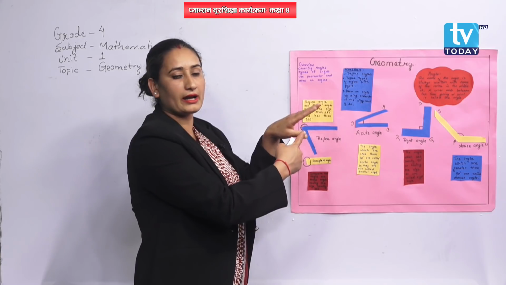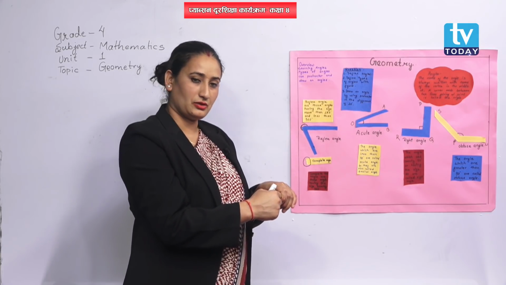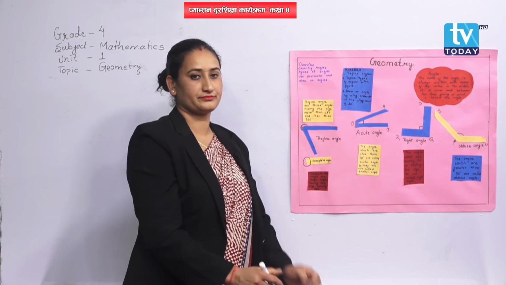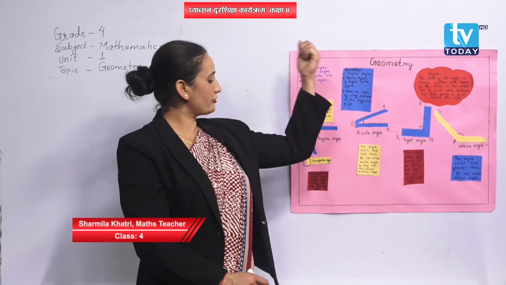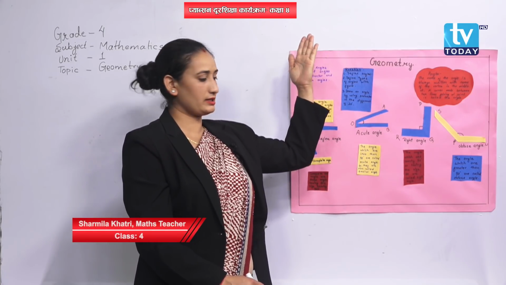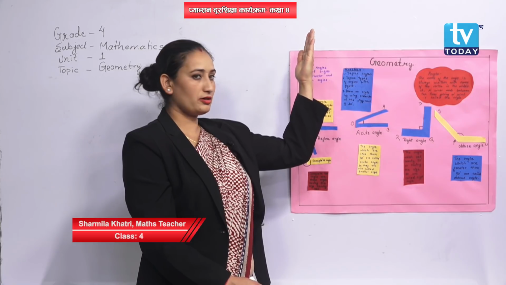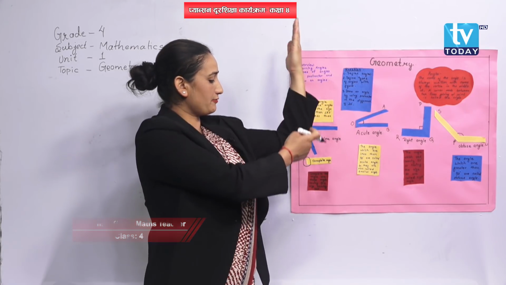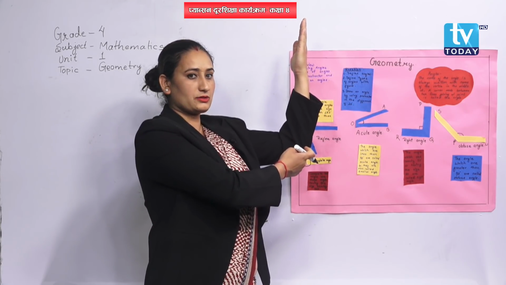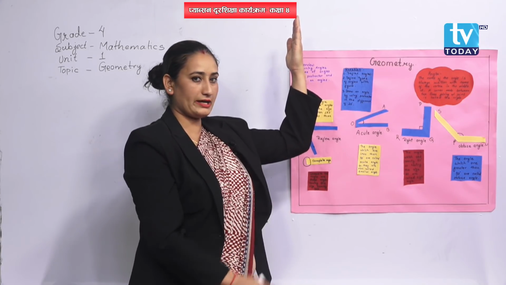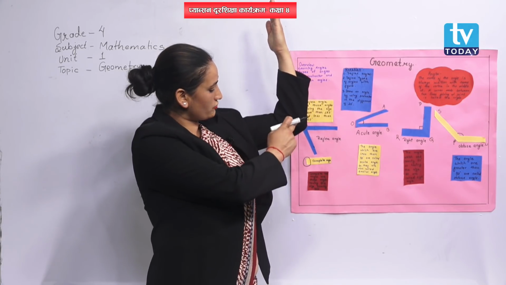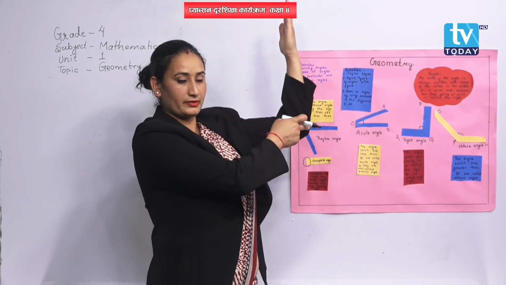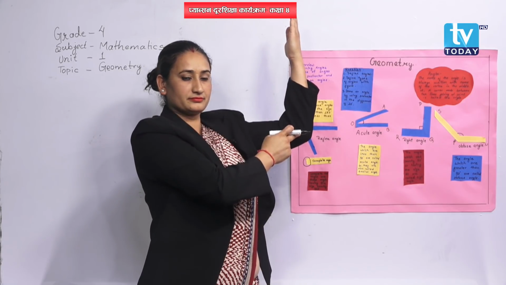Second, put your arms straight, and make another arm half like this way. Can you make it? Try it once. Have you seen this one straight line and this one straight line?